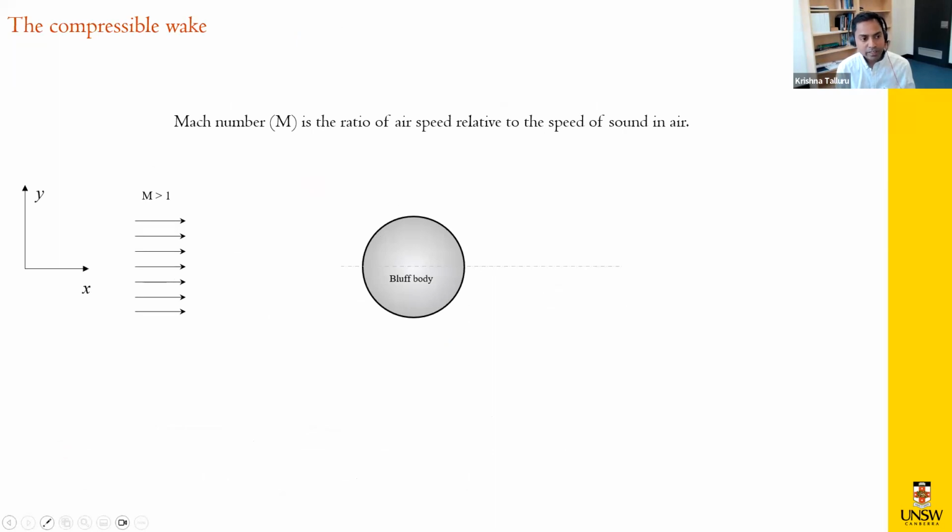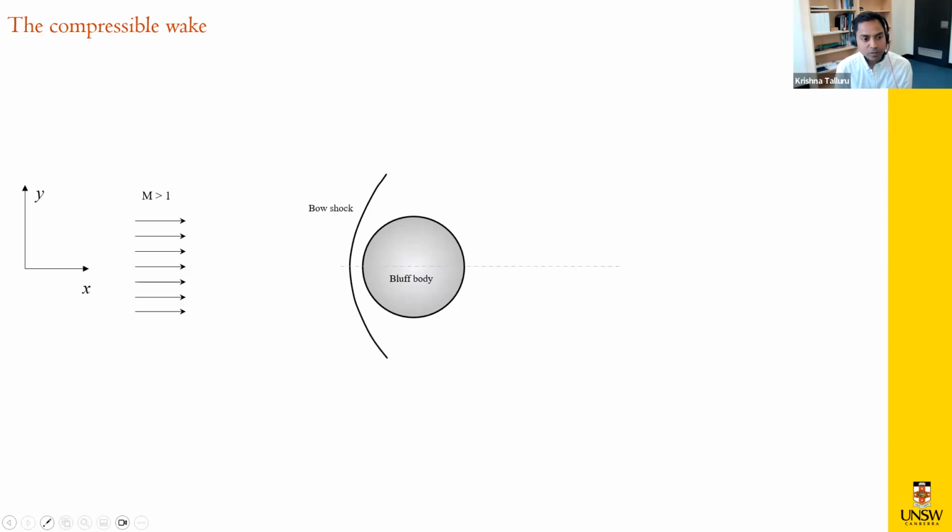Here, I'm also considering a uniform flow, but it's a supersonic or hypersonic flow where the Mach number, which is another non-dimensional number that represents the ratio of air speed relative to the speed of sound in that fluid medium. Once you have a high-speed flow, you experience a bow shock, and the flow is again stagnated on the axis of the bluff body.